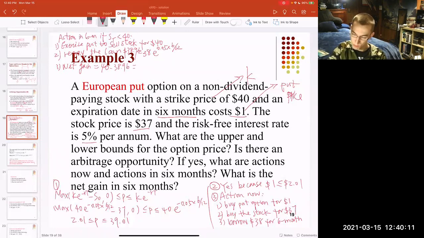So the difference is the gain of $1.04. Yes, that's correct. $1.04.